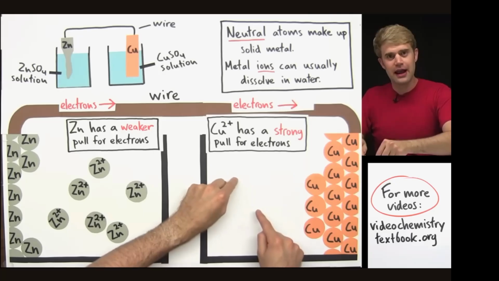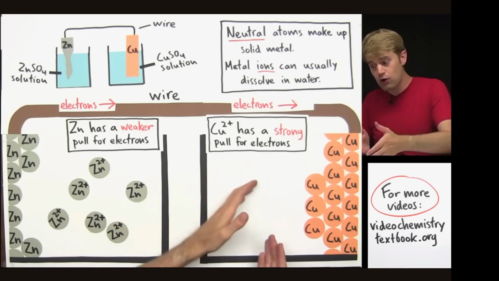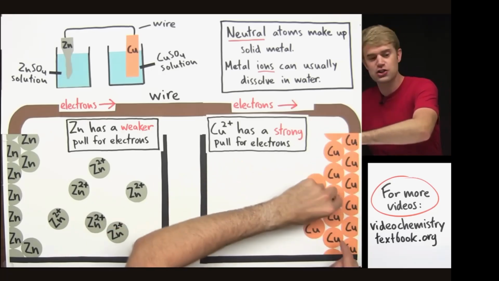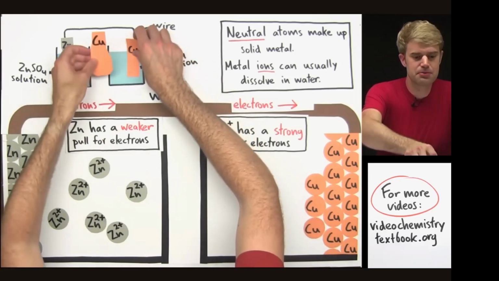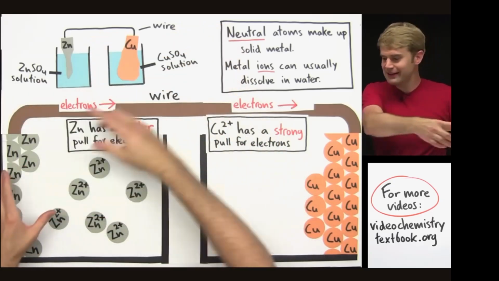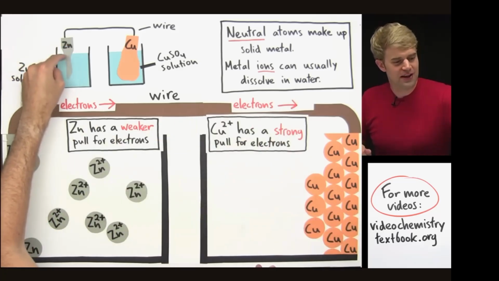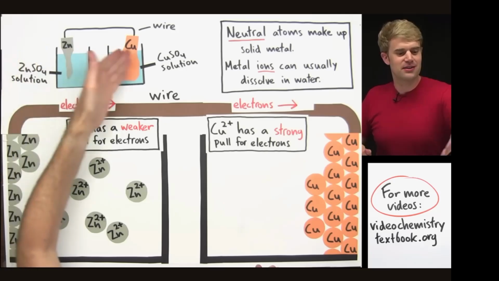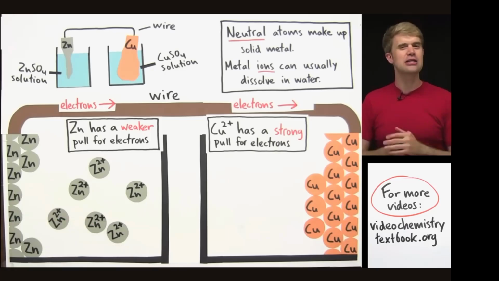But on the other hand, those Cu2+ ions are coming out of solution and attaching to the solid copper. And so they're going to make this piece of solid copper bigger and bigger. So if we let this voltaic cell run for long enough, we'll eventually see that these 2 pieces of metal actually change size and shape.